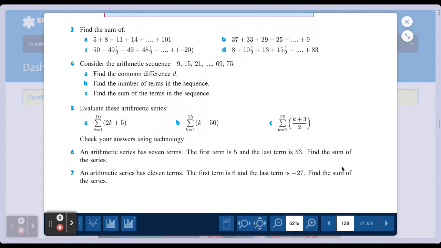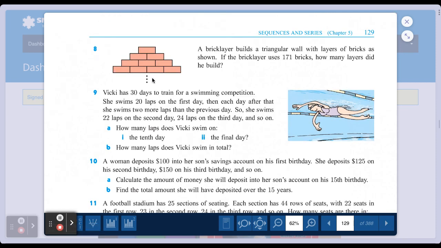Question 5 asks you to evaluate the arithmetic series from sigma notation. So I want you to do that. And then after you've done that, question 8 or 9 onwards, start there. Question 8 is probably fairly straightforward. Question 9 onwards has some word problems that can be solved best using arithmetic series.